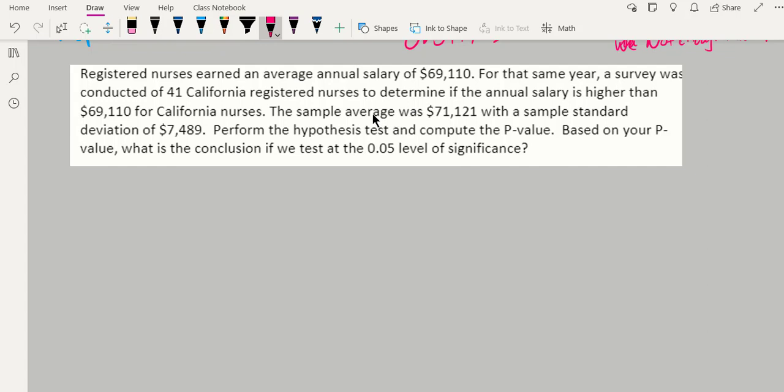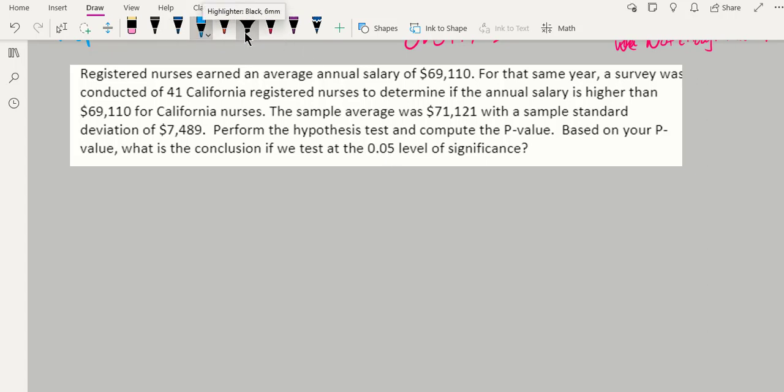The sample average was 71,121, with a sample standard deviation of $7,489. Perform the hypothesis test and compute the p-value. Based on your p-value, what is the conclusion if we test at a significance level of 5%, or rather 0.05?